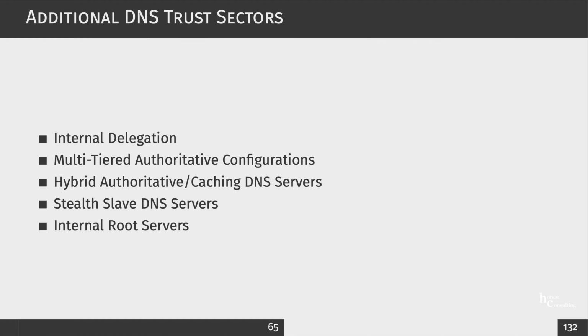The multi-tier authoritative configuration is something that is quite close to what I already explained with the internal delegation, so that you don't put all your eggs in one basket. So try to distribute your DNS infrastructure if that's possible.